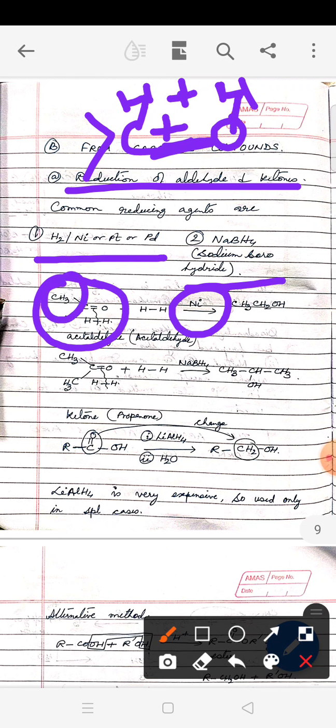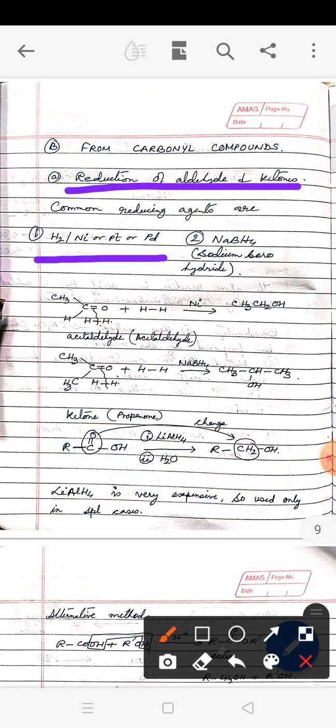So what happens here? We have this CH3 written here, then this C already has an H, it gets one more H, so it becomes CH2 and this O becomes OH. So that's how the aldehyde gets converted to a primary alcohol. Remember here the number of carbons remains the same. So whenever you have to convert aldehyde or ketones to alcohol having the same number of carbons, you have to go for this method.